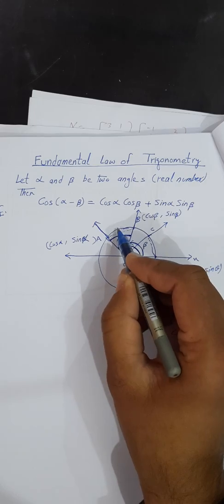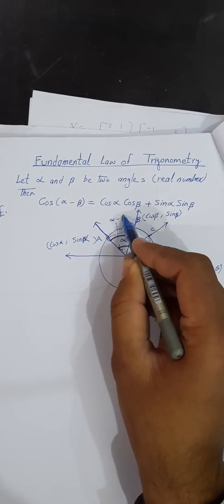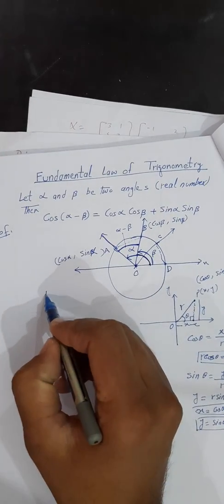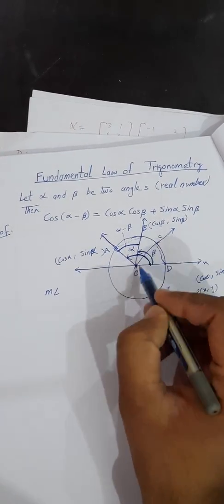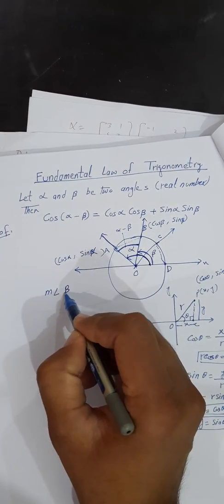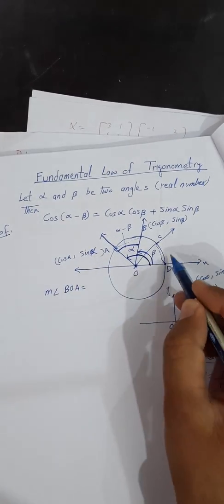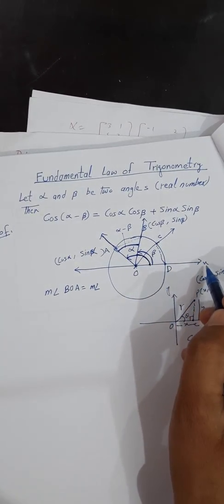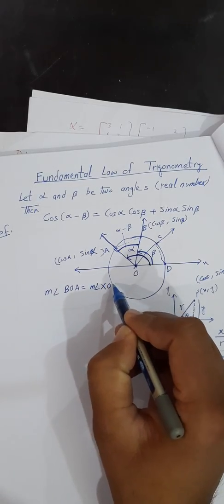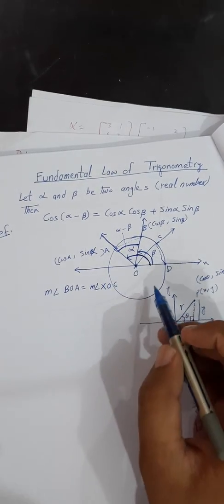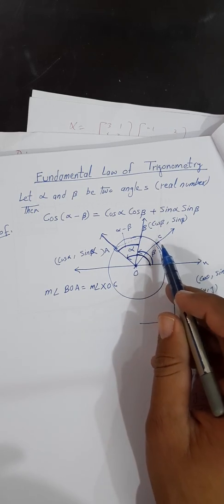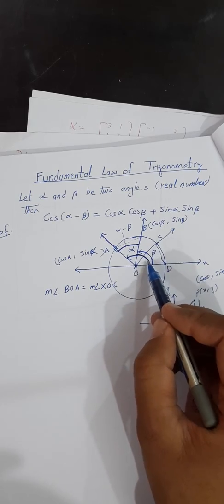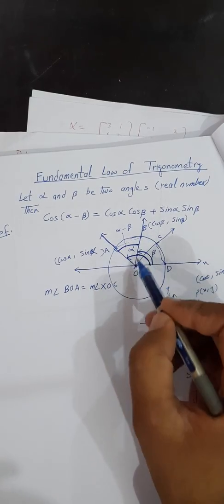Okay, the measure of angle BOA is equal to the measure of angle DOC. You can say XOC. We have chosen a point C in such a way that angle XOC is equal to angle BOA.